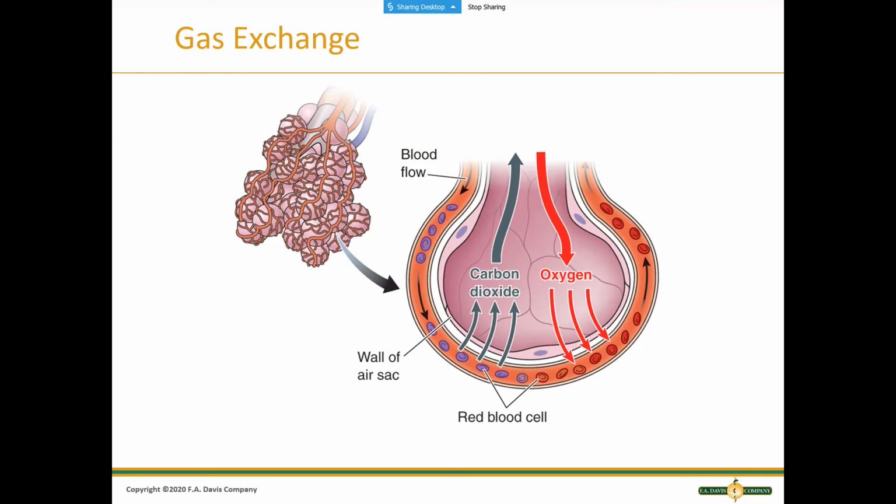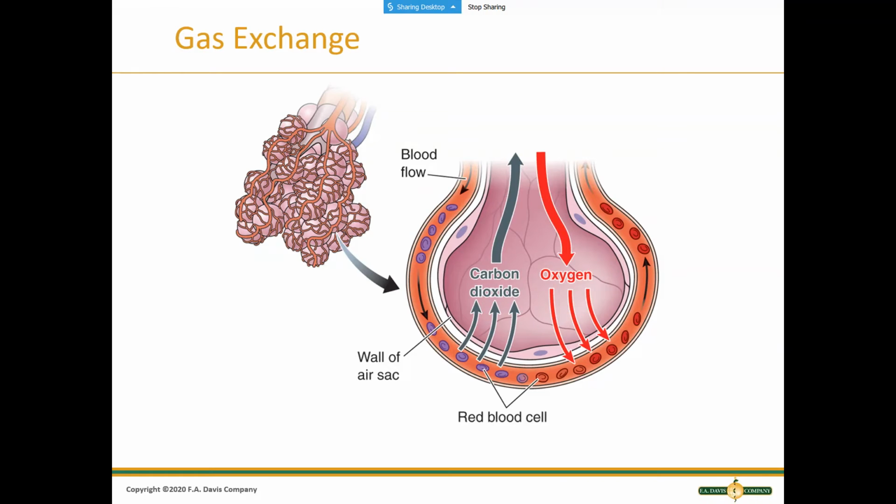When we exhale, when we breathe out, that's called ventilation, and we're getting rid of carbon dioxide. Remember, carbon dioxide is an acid. Throwback to our chapter 8 acid-base balance. So we're breathing out that acid, we're breathing in oxygen.